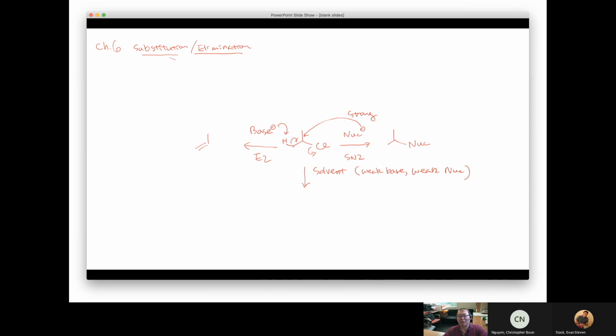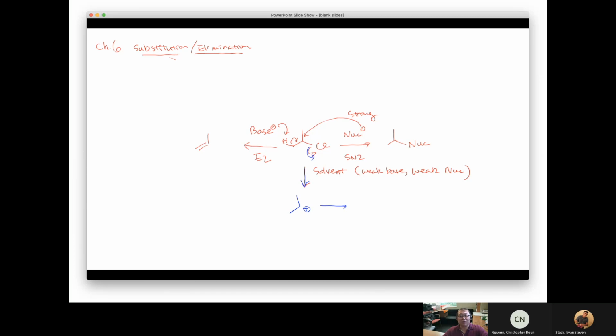So when the halogen goes out, let me switch the pen color. Blue, so I'll write that down in blue. If the halogen takes off, it produces the carbocation, right? And then with the carbocation, a few things could happen.